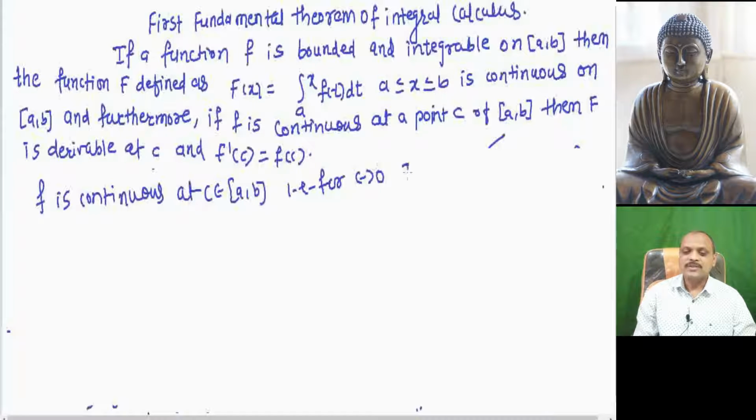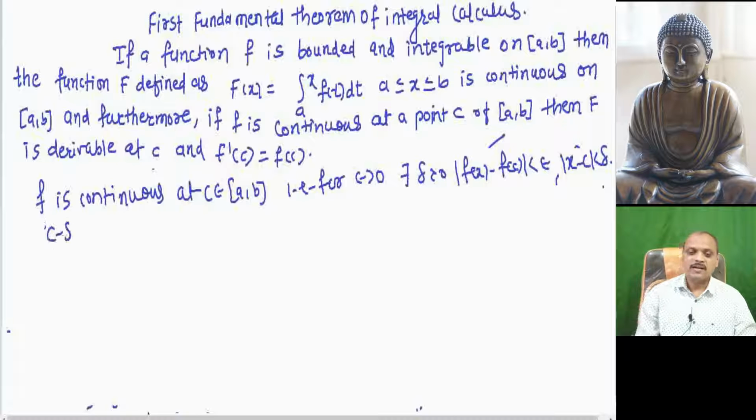That means, for epsilon greater than 0, there exists delta greater than 0 such that mod of f of x minus f of c is less than epsilon whenever mod of x minus c is less than delta. For which values of x is this condition satisfied? c minus delta is less than x less than c plus delta.